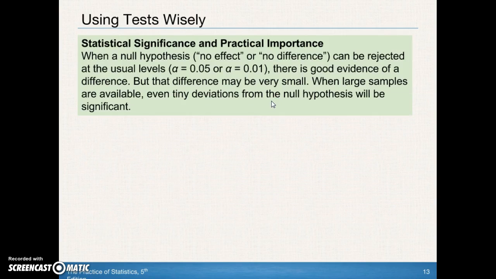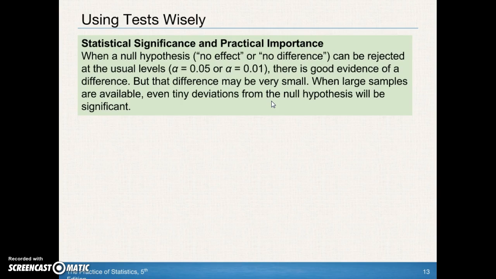Other things that you should be aware of is there is a difference between statistically significant and practically important. So you could find evidence that something is different or that we reject the null, but it might not have any real-world practical importance. So even tiny differences or large differences could be not even practically important.